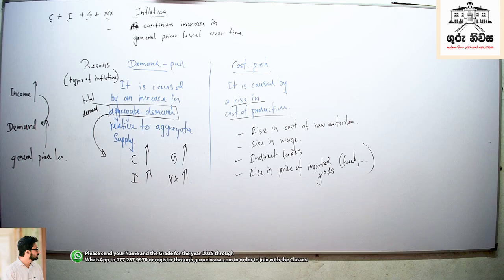First one, increase in consumption expense. C means increase in consumption expenditure. I means increase in investment expenditure. G means increase in government spending. And next means increase in net exports. The C is what?